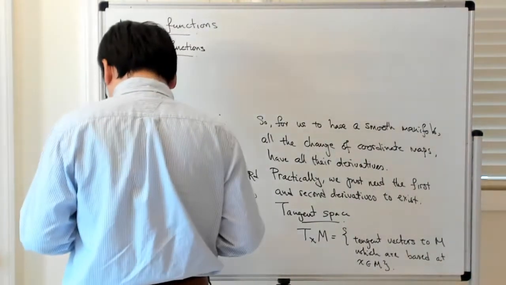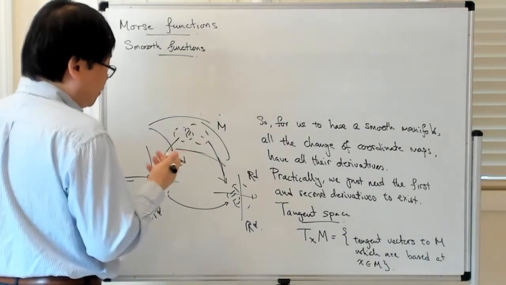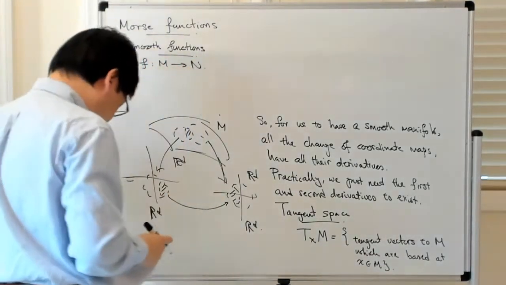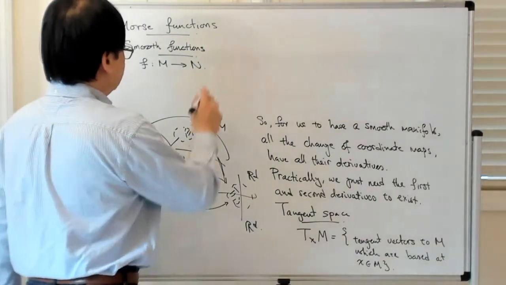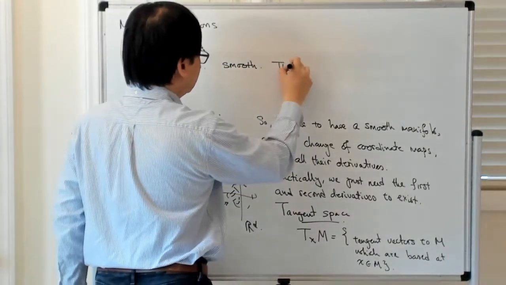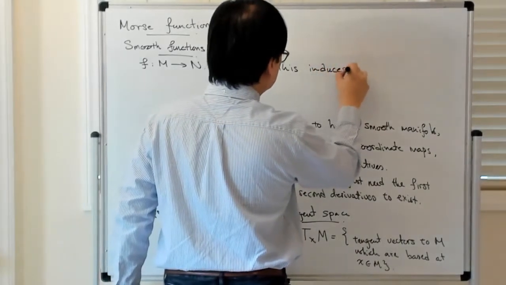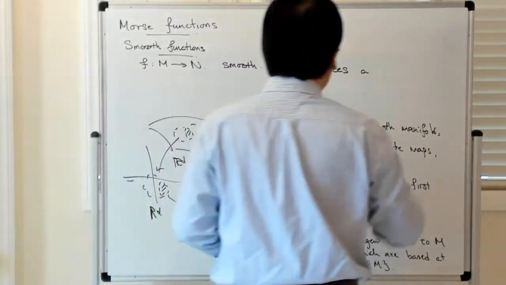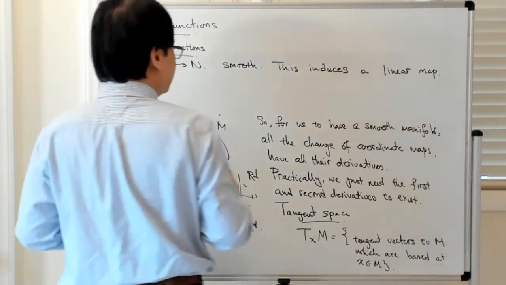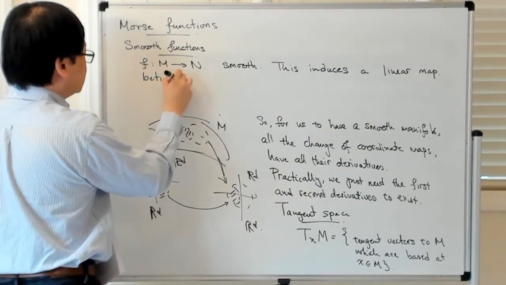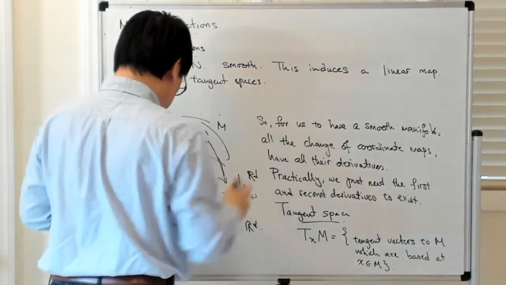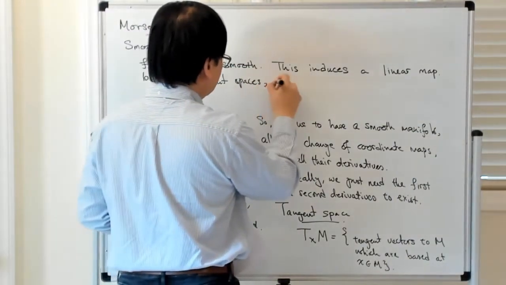Now let's talk about a smooth mapping from one manifold to the other. Let's say f from M to N, and this is smooth. Then the claim is that this induces a linear map between tangent spaces, which is just the derivative.